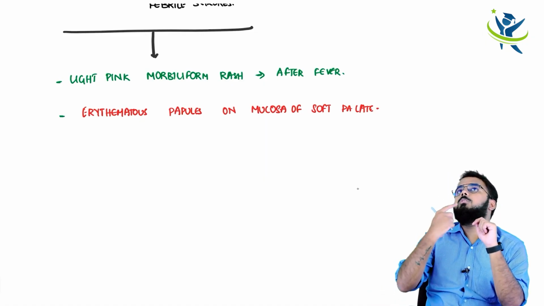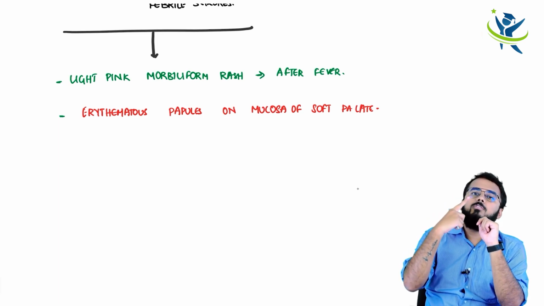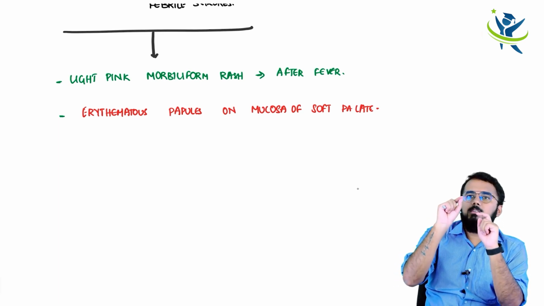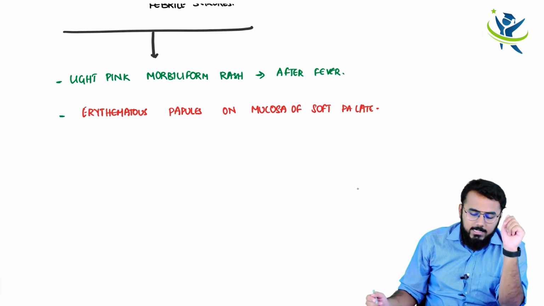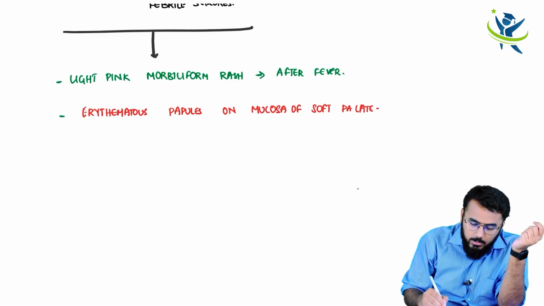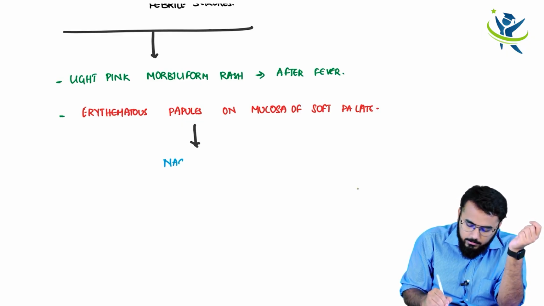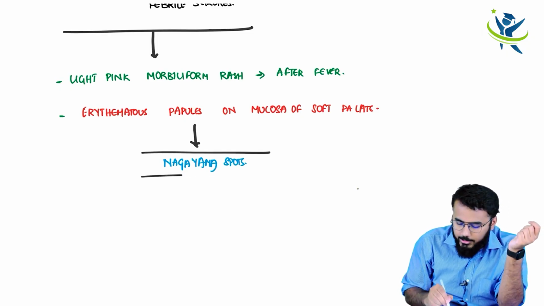So when they open the mouth, here we have got the hard palate, and back of the hard palate we have got the soft palate. On the soft palate you would see some bright red color spots, and these are called as Nagayama spots. What are these spots called? These spots are called as Nagayama spots.